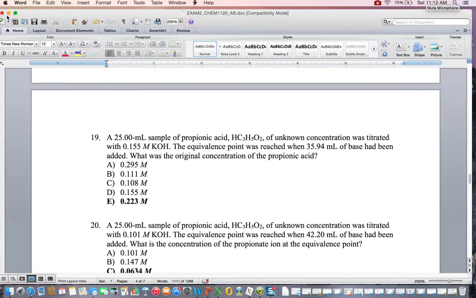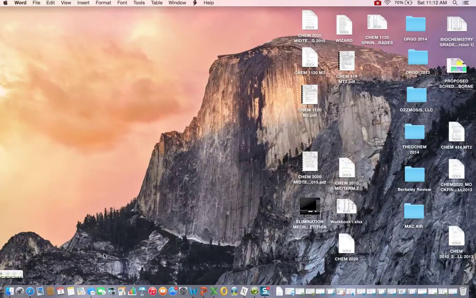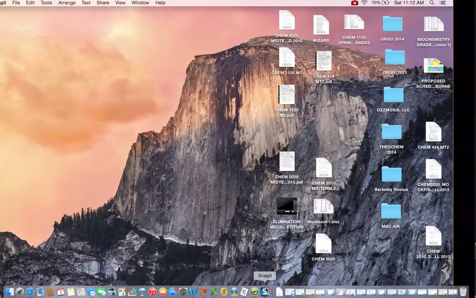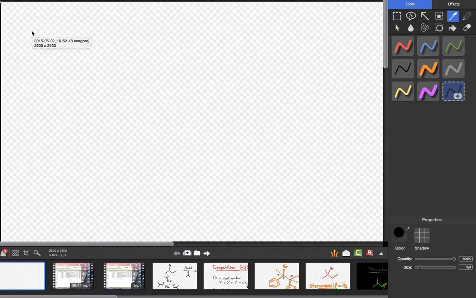All right, so let's talk about radicals. This is a new type of mechanism that we haven't discussed previously.